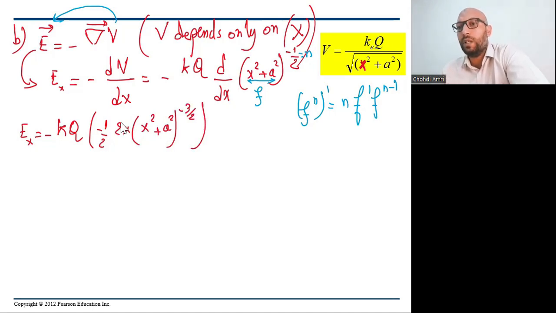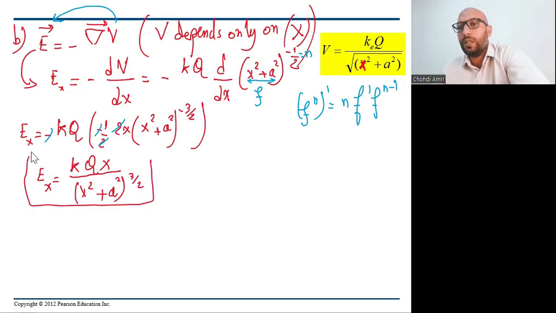This is the electric field. We have 1 over 2 and 2. We have a negative sign and a negative sign. And then we're going to get the electric field at the point P equal to KQx divided by x squared plus a squared power 3 over 2. And this is our electric field at the point P.